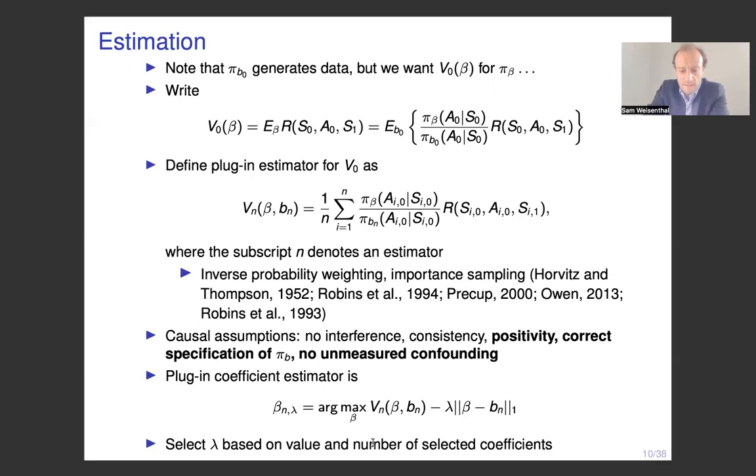So we won't just estimate the policy parameters, we'll also give a policy itself. When you select lambda, you end up getting one value of beta n lambda, and that will give a policy, so you index a policy by this.